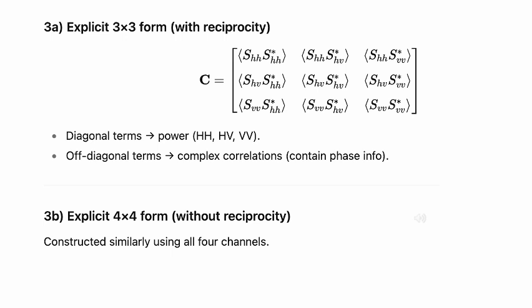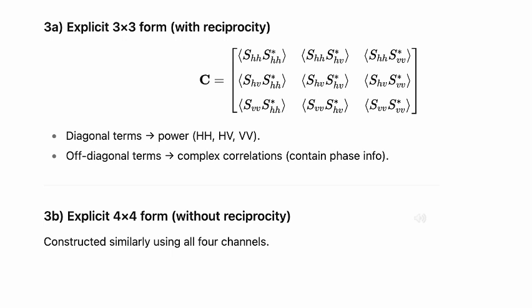Explicitly, as shown here, this is the matrix C, which represents the covariance matrix. The diagonal elements are powers or intensities. For example, the average of SHH times SHH star is the averaged HH power. The off-diagonals are complex cross terms. They carry relative phase and coherence information between channels.